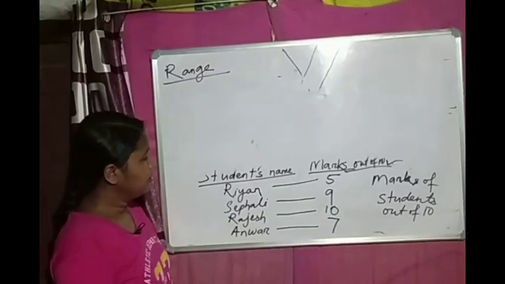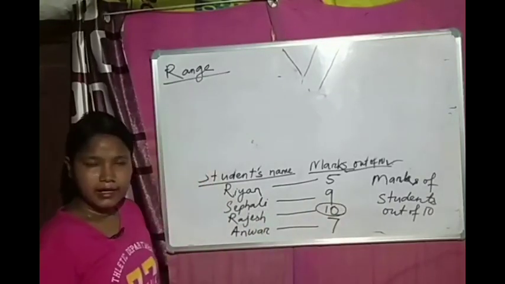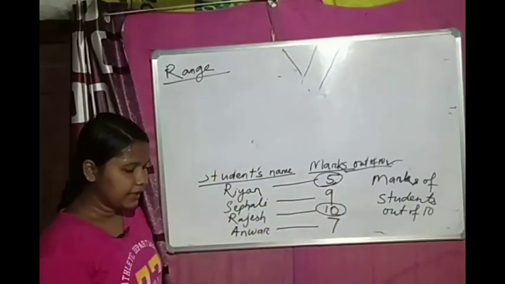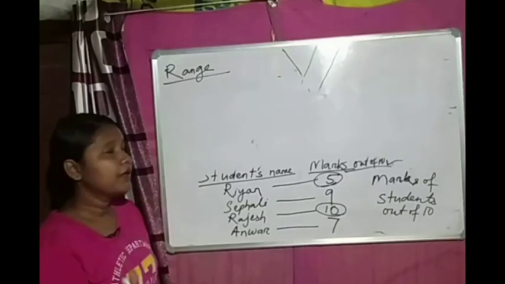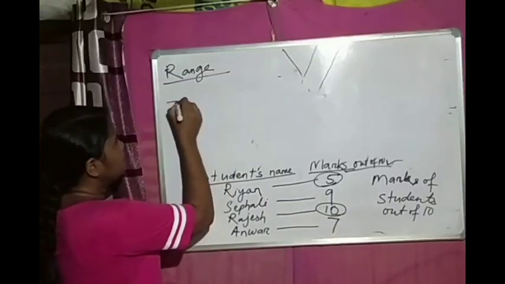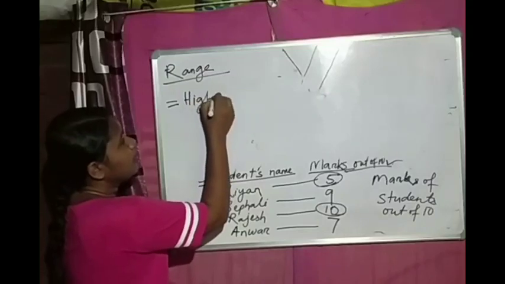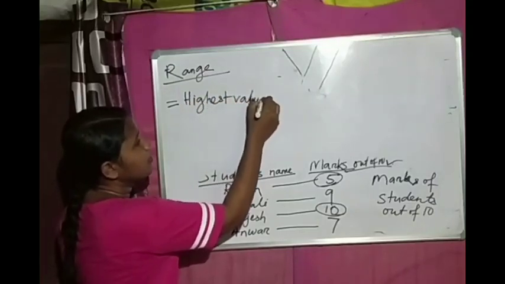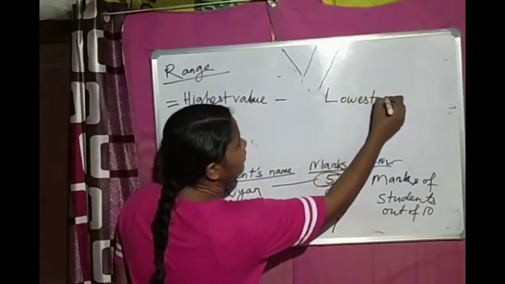Look here, we have a highest value. The highest value is 10, and the lowest value is 5. If I am finding the range, what is range? The difference between the highest value and the lowest value. So range equals highest value minus lowest value.